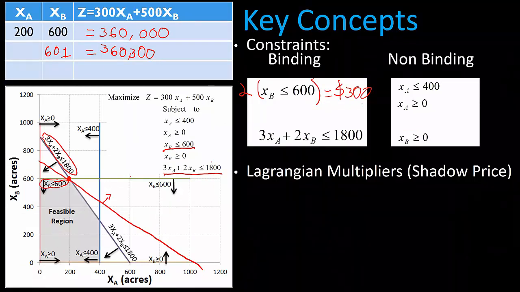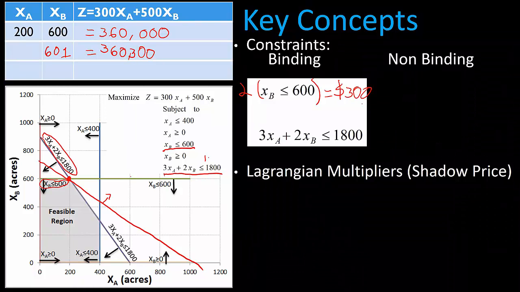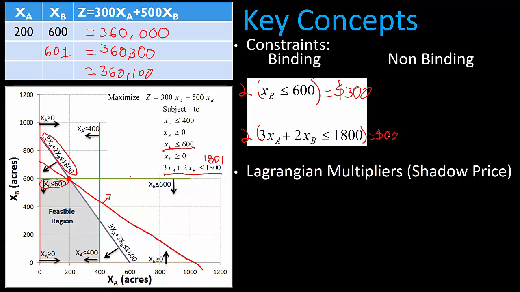If we relax this to 1,801, sorry, our value here will be 360,100. So in this case, the Lagrangian multiplier for this one here is 100.